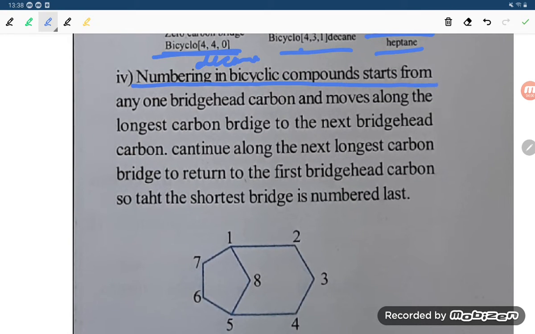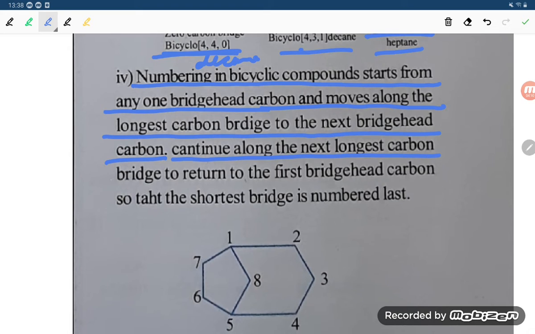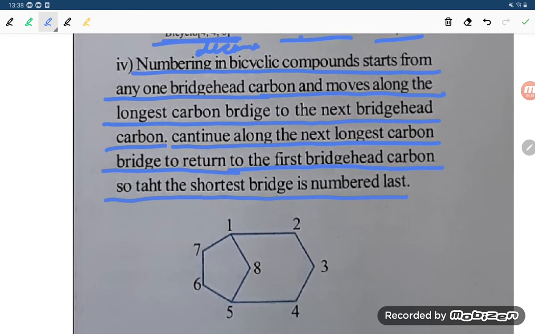Numbering in bicyclic compounds starts from any one bridgehead carbon and moves along the longest carbon bridge to the next bridgehead carbon. Continue along the next longest carbon bridge to return to the first bridgehead carbon, so that the shortest bridge is numbered last.